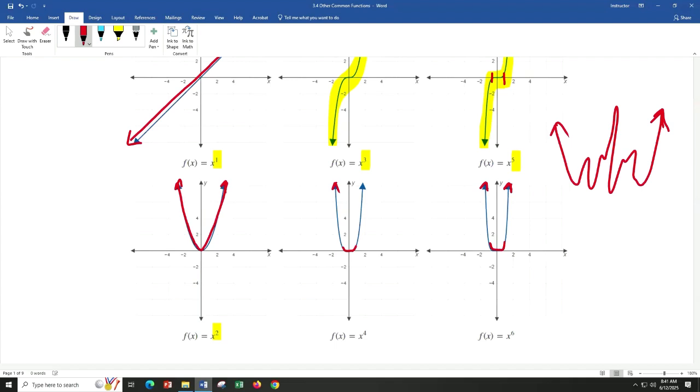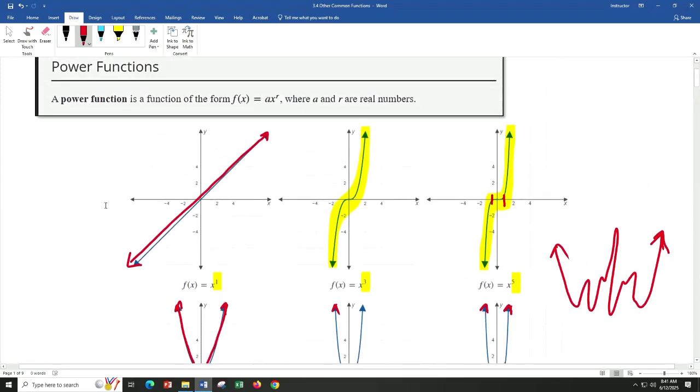Well, what about an odd? Odd always starts out, when you have a 1, as just a line. So if you can base it off that, when I have x to the power of 1, I know it makes a line. That means everything from there is going to look like a morphing of a line. You're never going to have an x to the power of 3 looking like a parabola. It doesn't happen, because remember, functions are shapes.